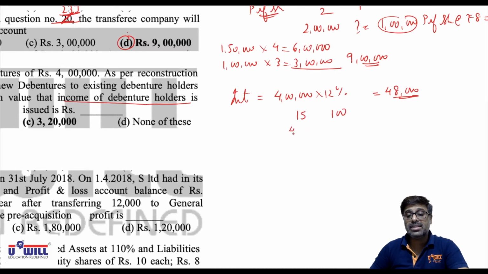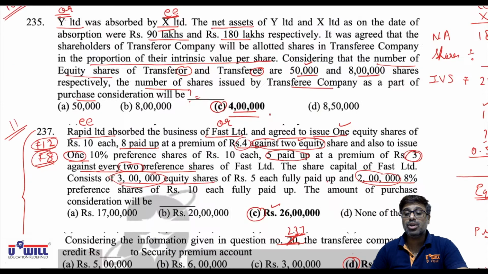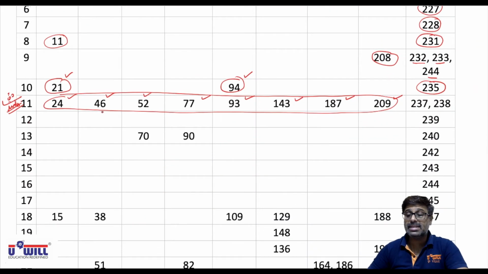So, if interest is 48,000, then what should be the face value of debentures? Do it 48,000 into 100 divided by 15. 3,20,000 must be the value of debentures. Then at 15%, they will earn the same interest of 48,000. Okay. So based on this question 239, there are no other questions asked in exams.